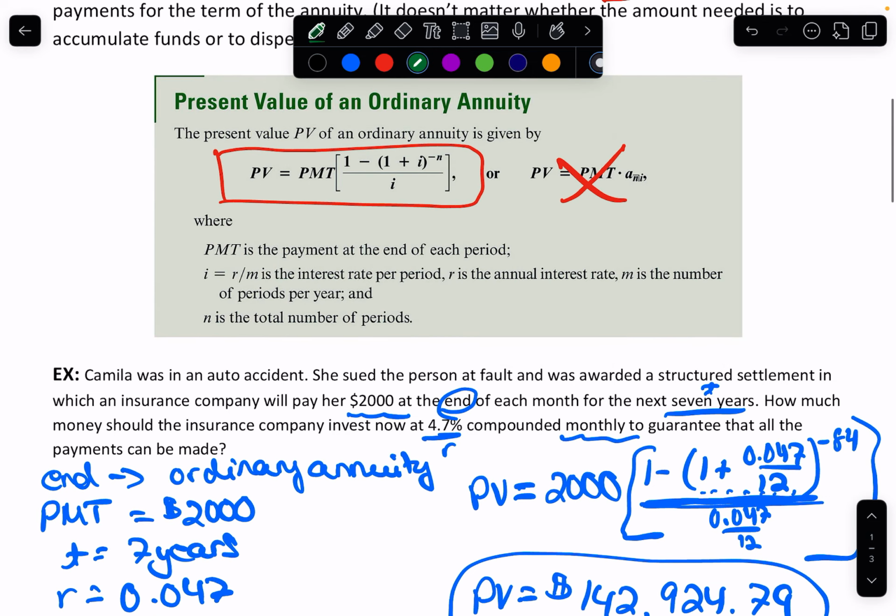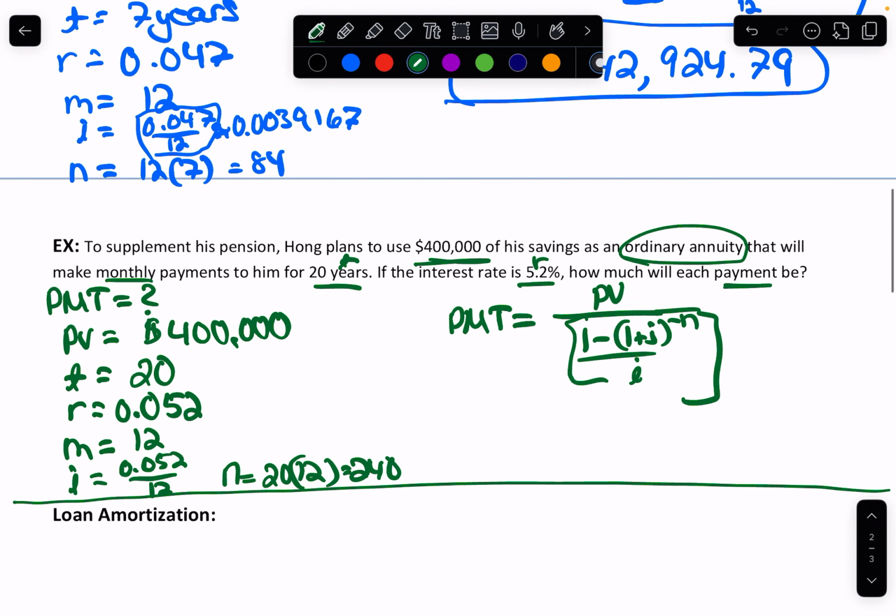All this comes from the formula above; we just solve for the PMT.